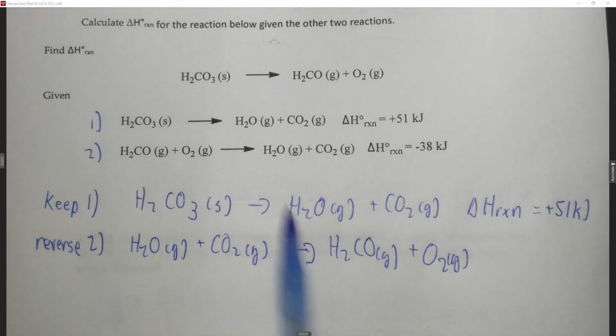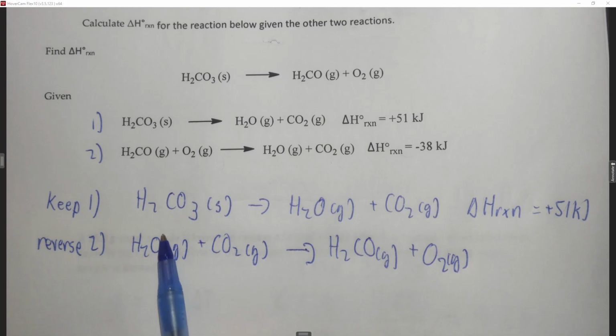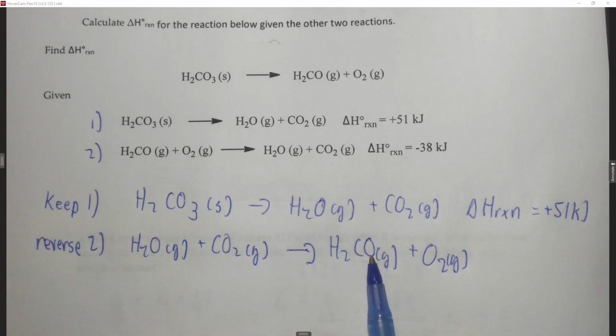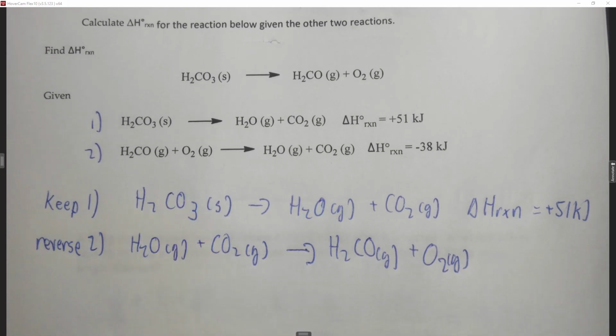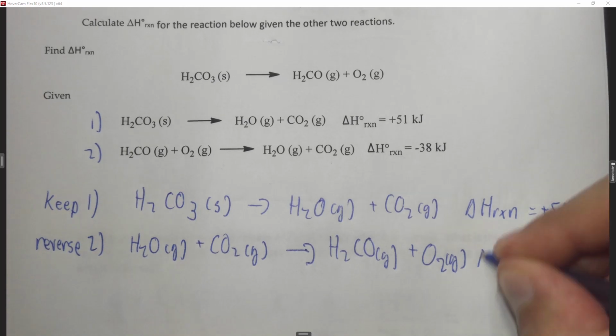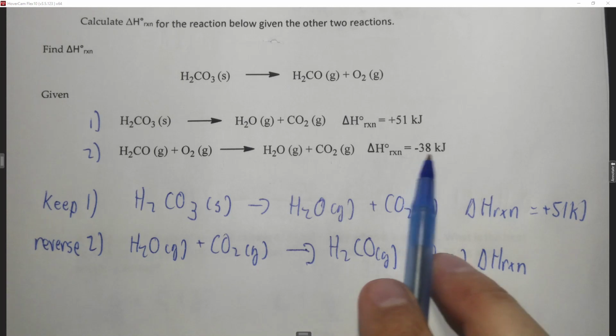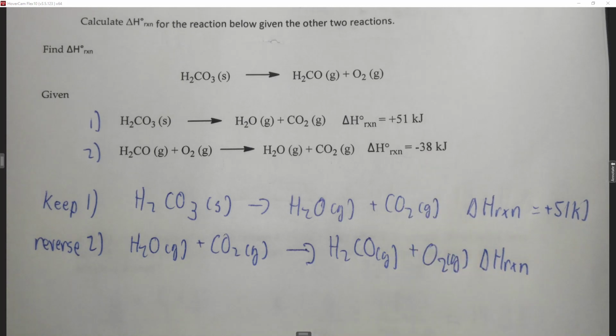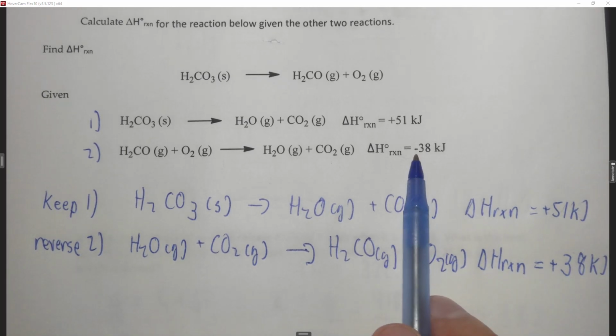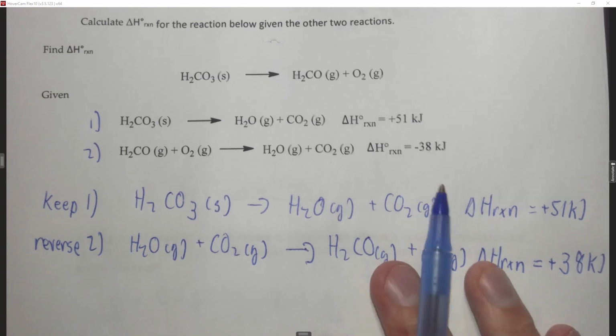These were originally products, and these were originally reactants. What happens to the delta H for the reverse reaction? If it was negative 38 kilojoules here, it becomes positive 38 kilojoules here, because when I reverse the reaction, I reverse the sign of the delta H.